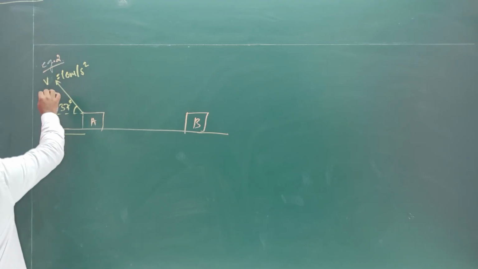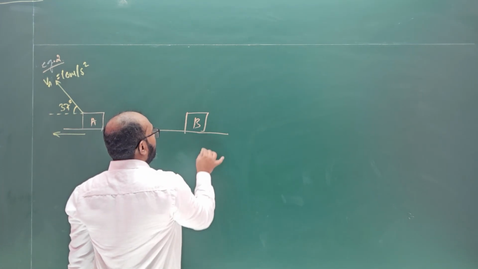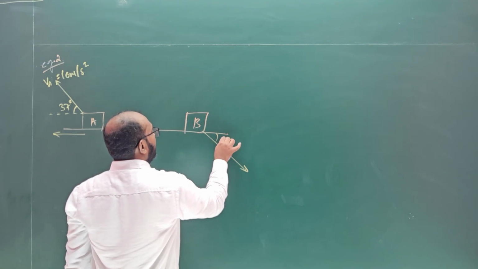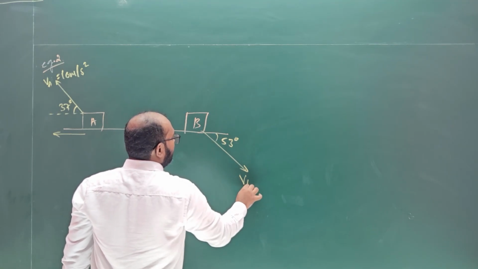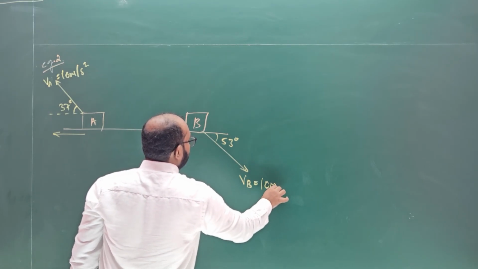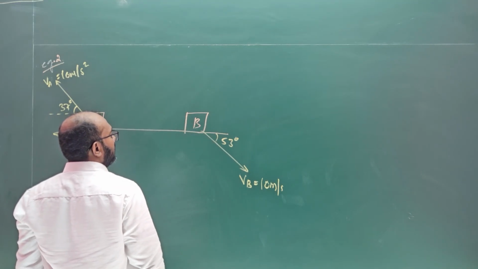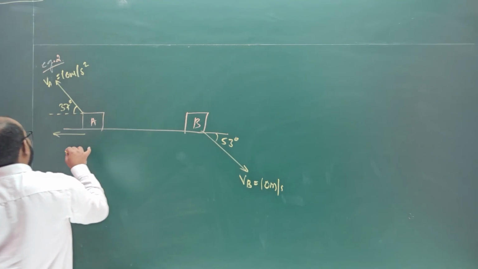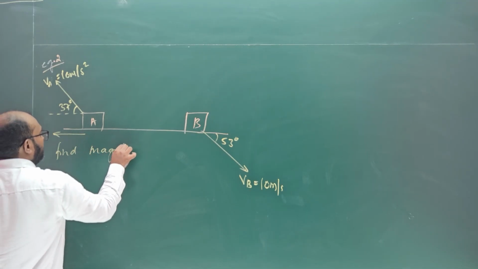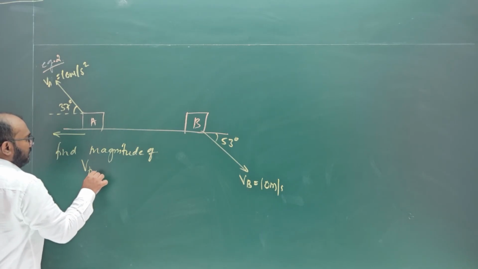VA is in this direction and VB is in this direction, making an angle 53 degree. VB is equal to, take 10. Question is, find the magnitude of VAB.